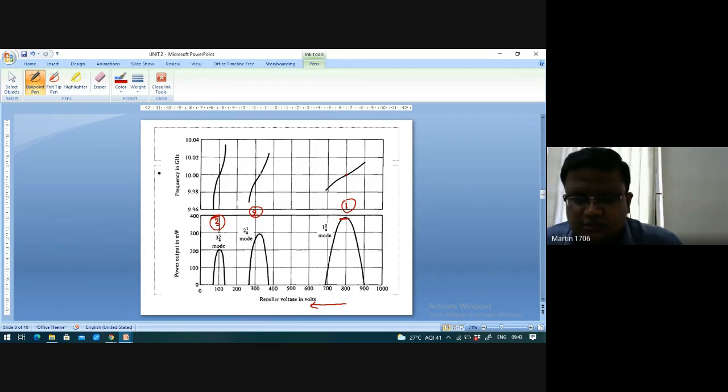Here, the operating frequency is somewhat higher, and the magnitude comes down. In the third mode, the amplitude becomes less again, but the operating frequency is higher. It works under the concept of lambda equals C by F, where lambda is the wavelength, F is the frequency, and C is the velocity of light.